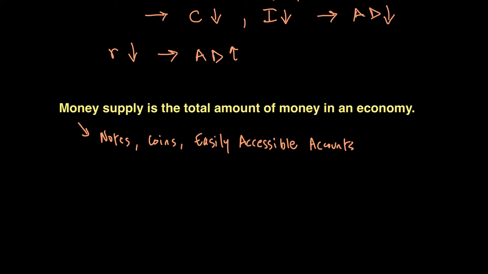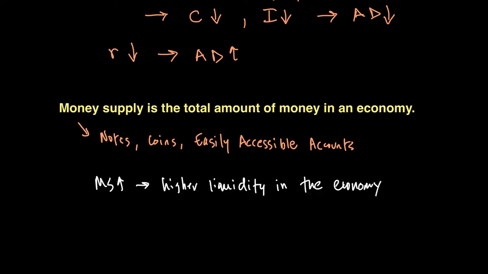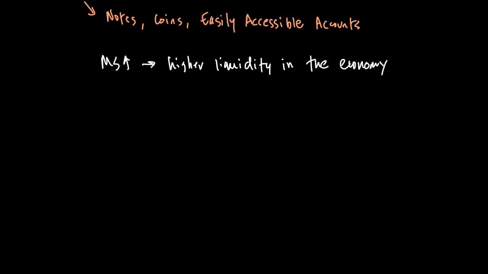Now, we find money supply to be a little difficult to manage in an economy, and that's why governments normally use interest rate as a tool. But still, money supply is a tool of managing, because when the money supply goes up, we can say that there is higher liquidity in the economy, and this higher liquidity may translate into the idea that more money is being printed, and therefore more cash is available suddenly.